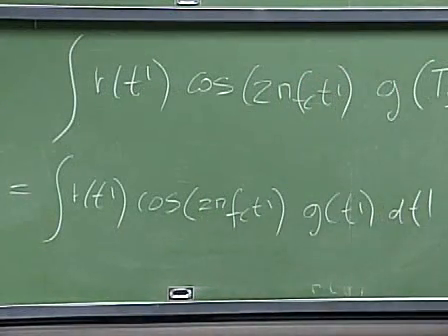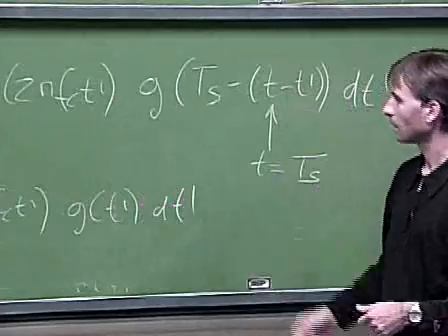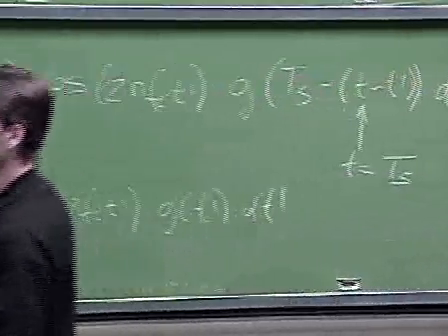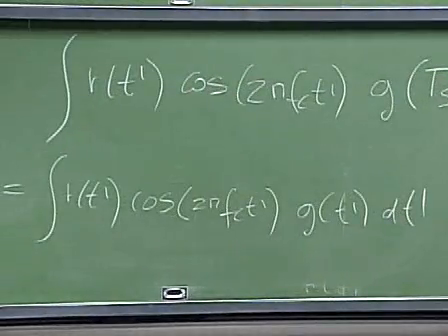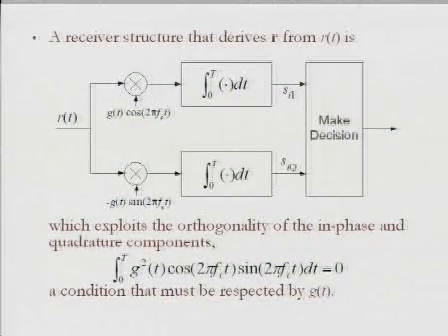So capital T here cancels capital T there. I get a sign flip, and I get a positive t prime. And this integration is exactly the same as this integration. It's r times g times cosine integrated, r times g times cosine integrated. Any questions on these equivalences?